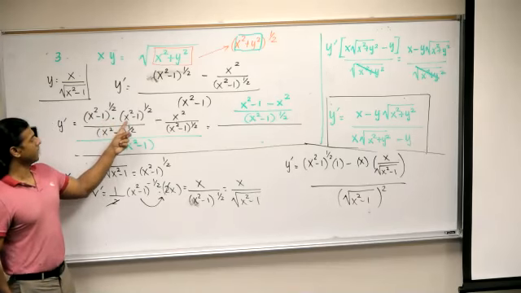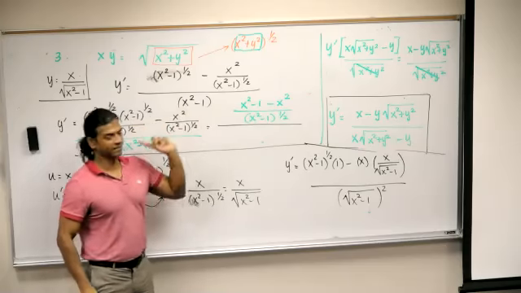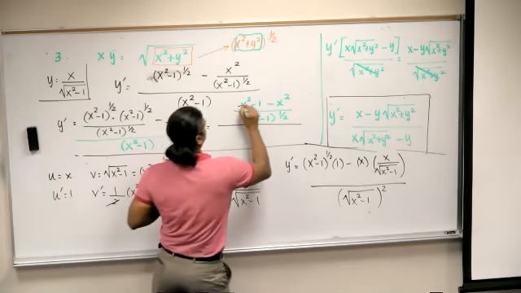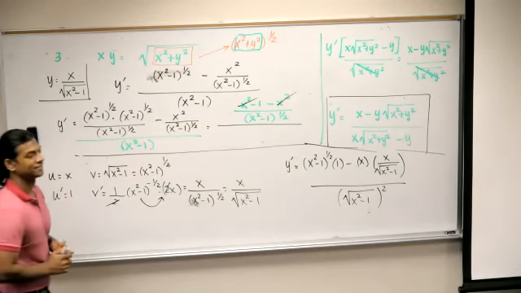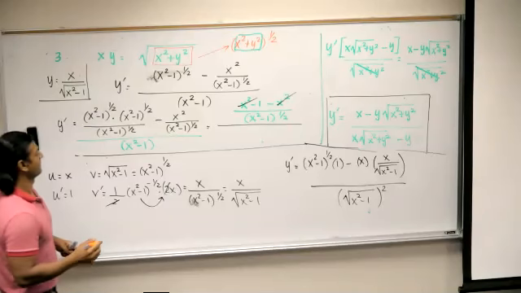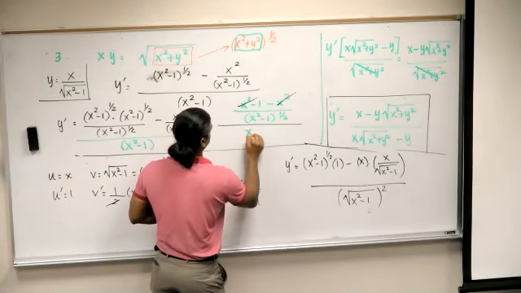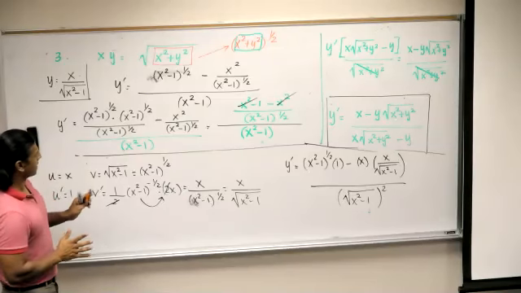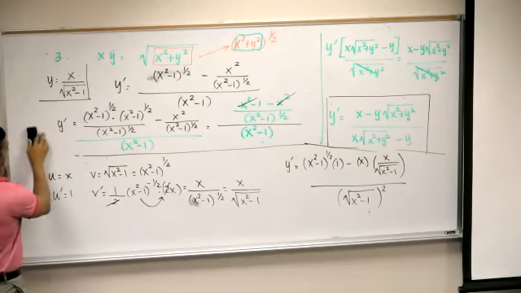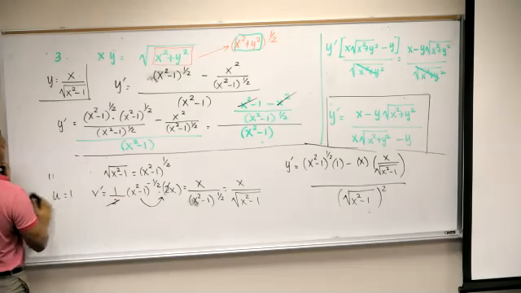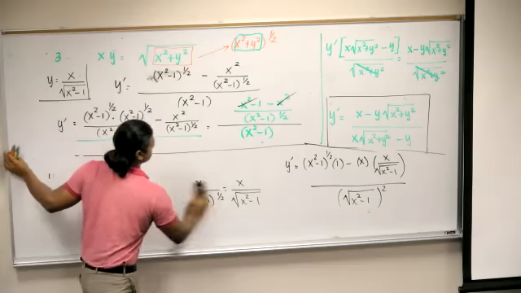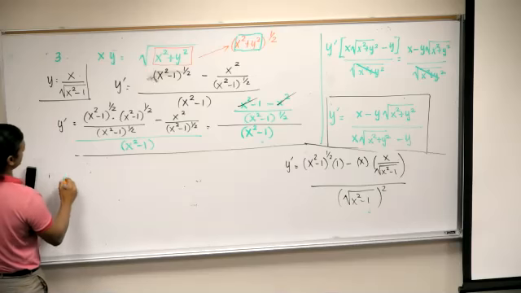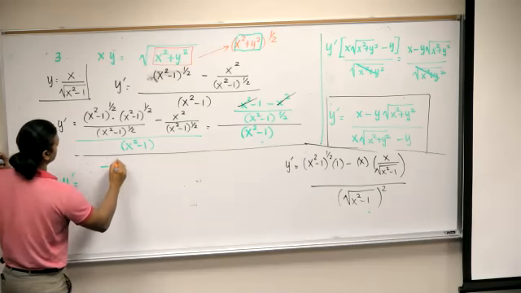So x squared minus 1 minus x squared, combine the numerators. Get rid of those two. The denominator is x squared minus 1. I'm going to erase the uv part. Finally, we get y prime to be equal to negative 1.